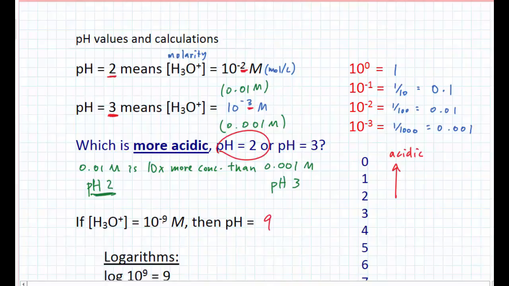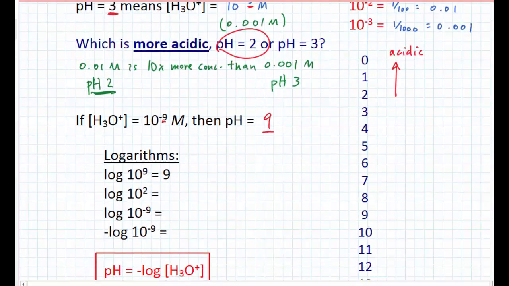That's the same relationship that we just did there. Let's look at our little scale here. 10 to the negative 2 molar, 10 to the negative 3 molar, 10 to the negative 9 molar, neutral, 10 to the negative 7 molar.